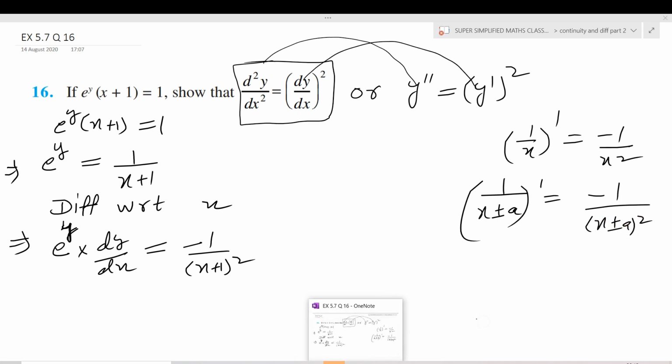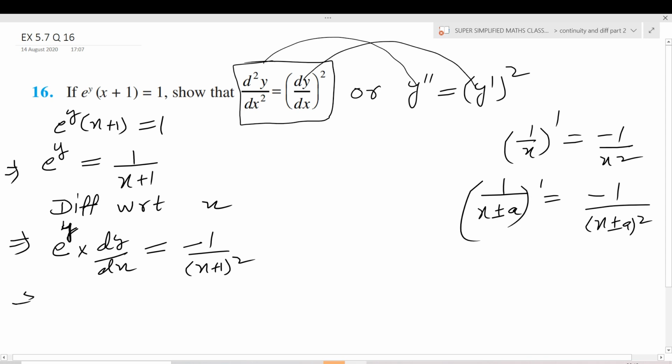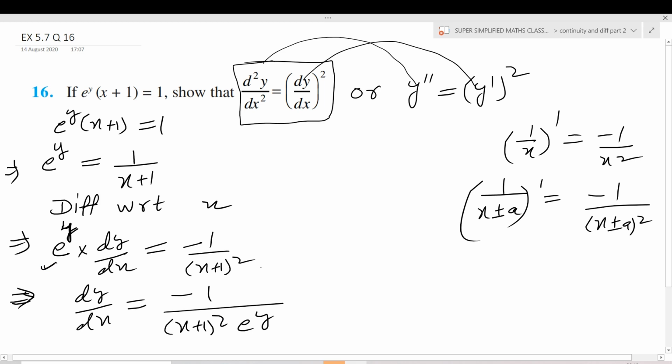So now I can rewrite this equation as dy by dx is equal to minus 1 upon (x plus 1) whole square into e^y. I can cross multiply this e^y here.